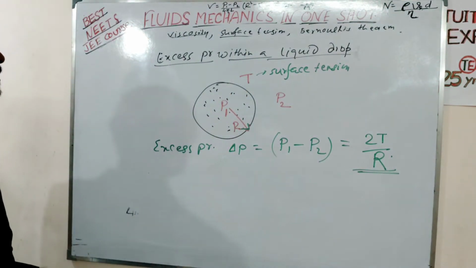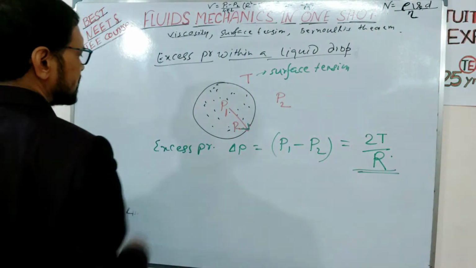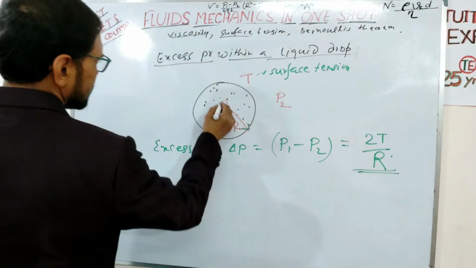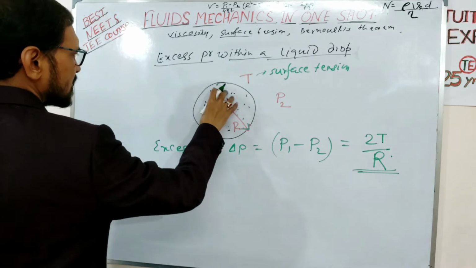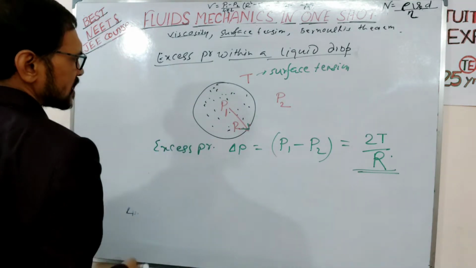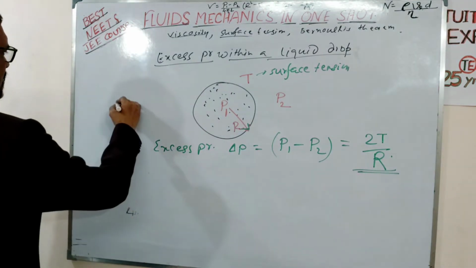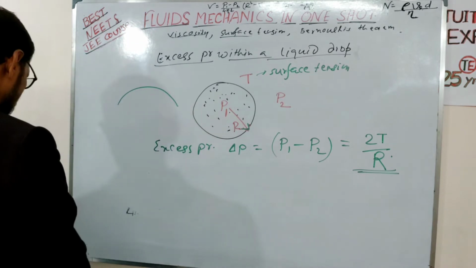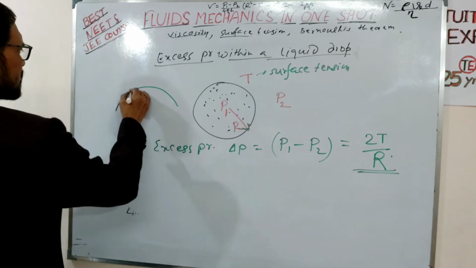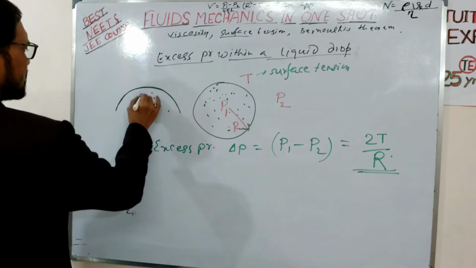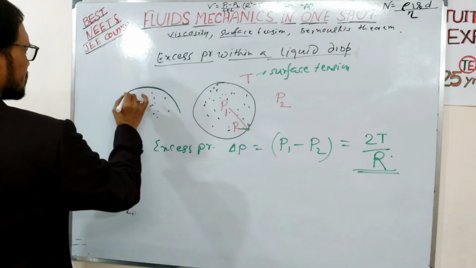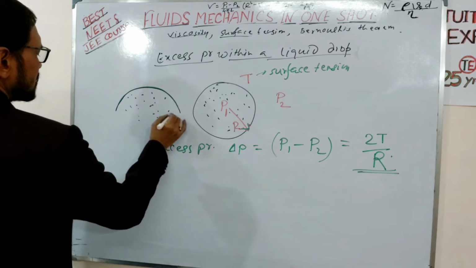Now why does it have this pressure? Why does the inside of the liquid drop have more pressure than the outside? If we consider this curvature, due to the surface tension, the pressure is more within the liquid.